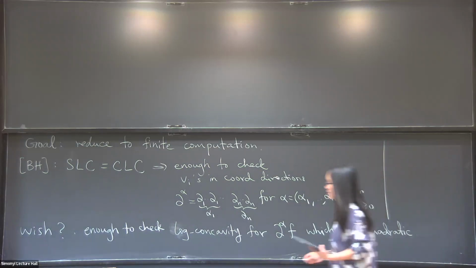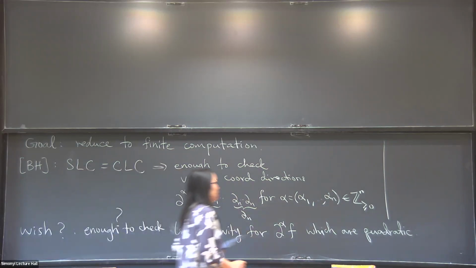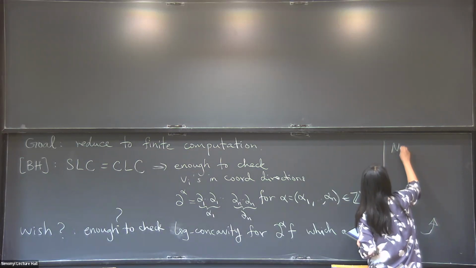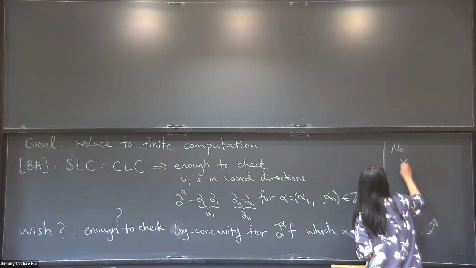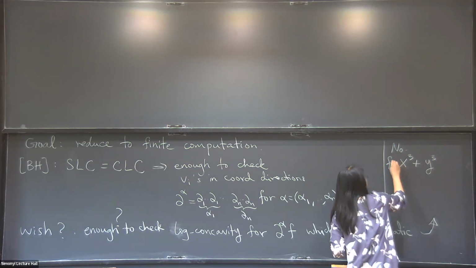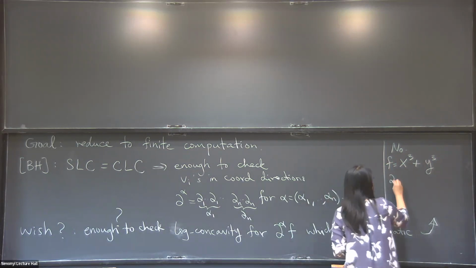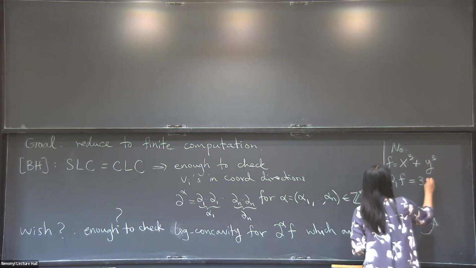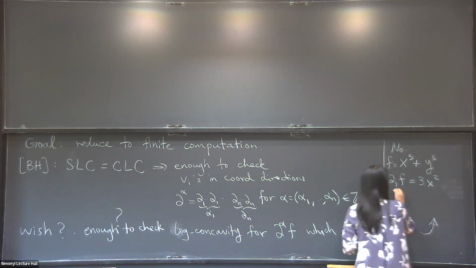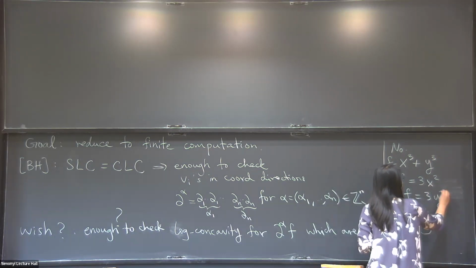Is it enough? I guess this is the question. Unfortunately, here is a very simple example showing it is not enough. If you look at f equal to x cubed plus y cubed, and look at the quadratic partial derivatives, with respect to x it is 3x squared, and with respect to y it is 3y squared.